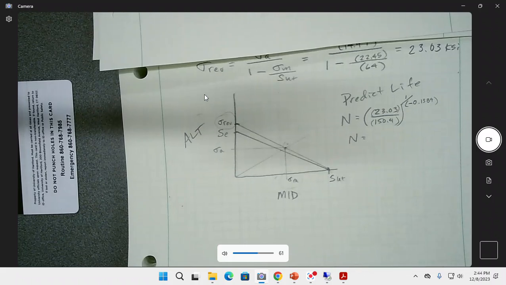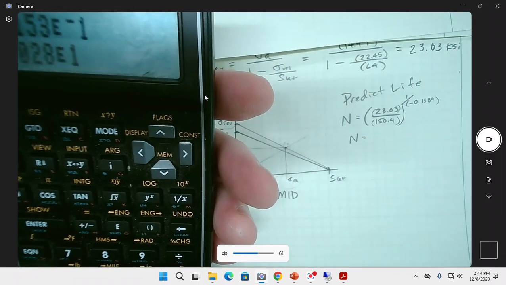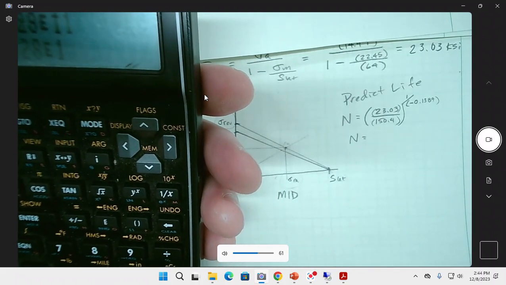It's going to be a little bit less than a million, because a million is what the whole graph is based on. If we're right, I don't know.